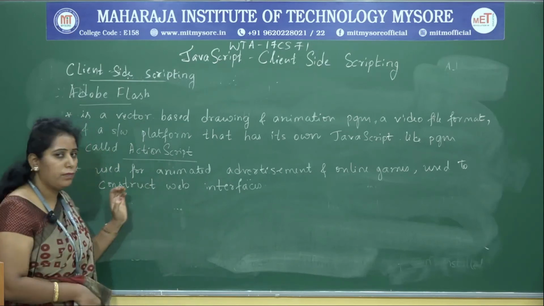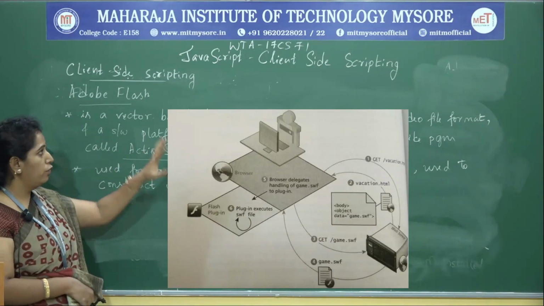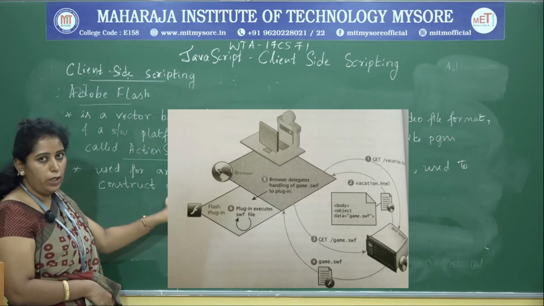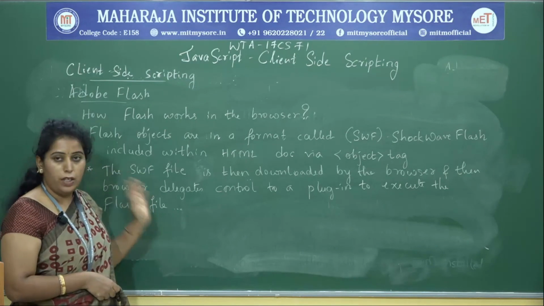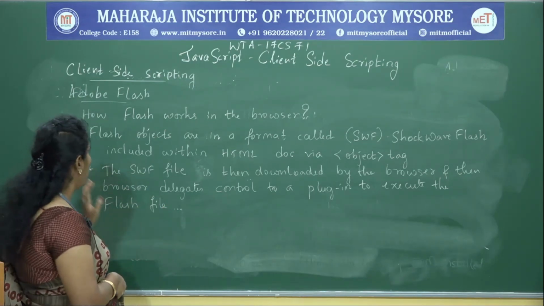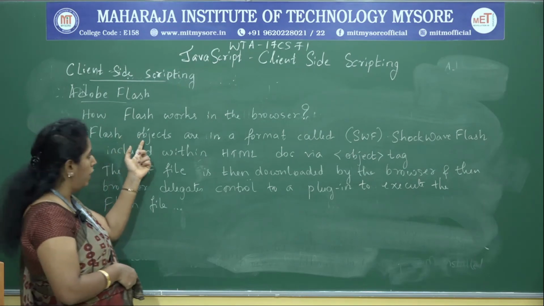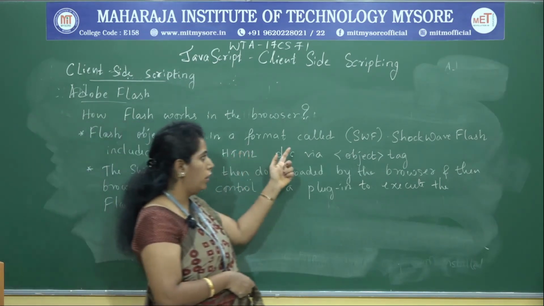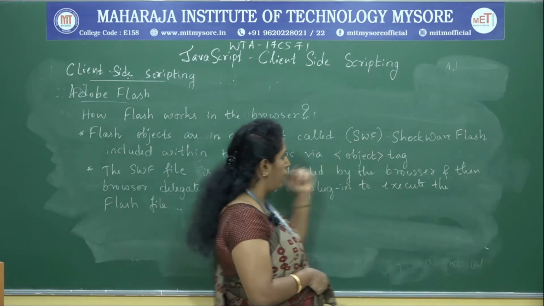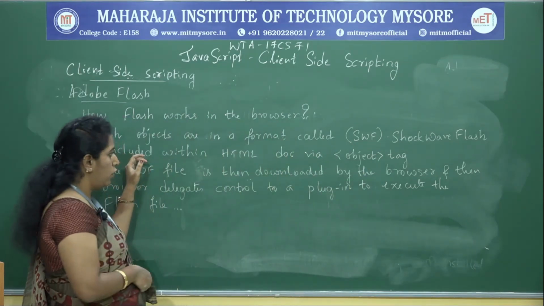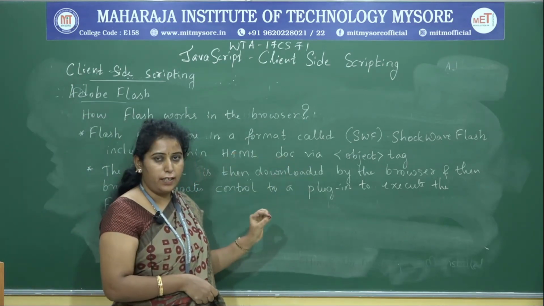Now, the figure shows how Adobe Flash works in the browser. Flash objects are in a format called SWF, which stands for Shockwave Flash, and they are included within the HTML document via the object tag.